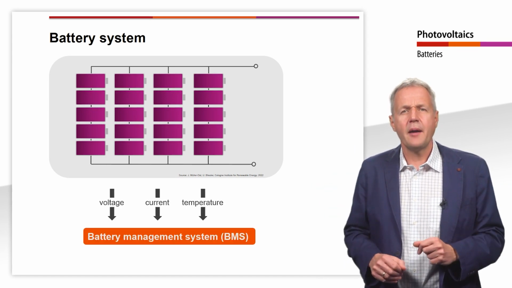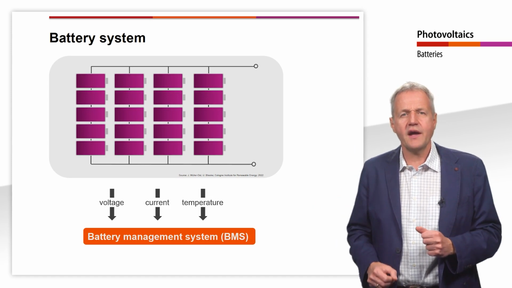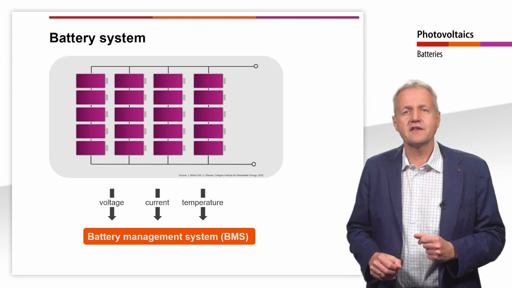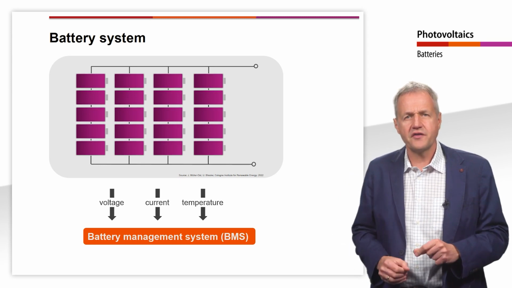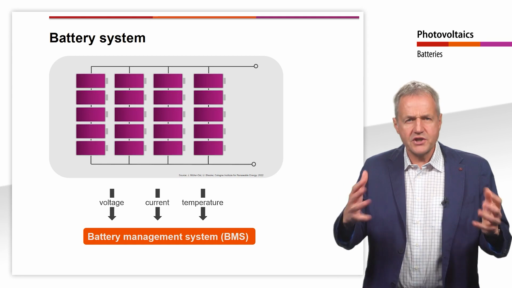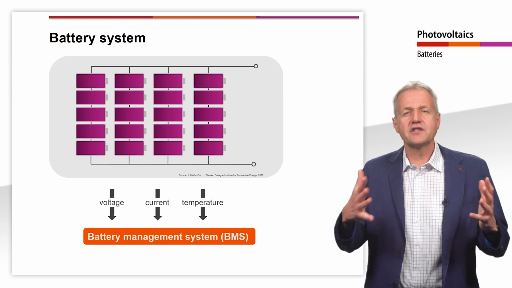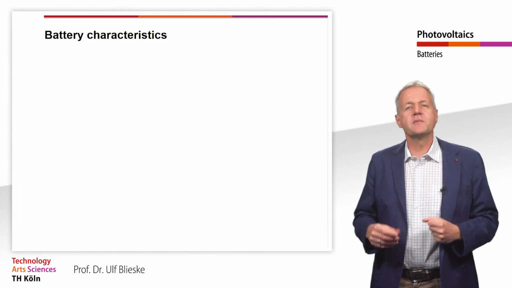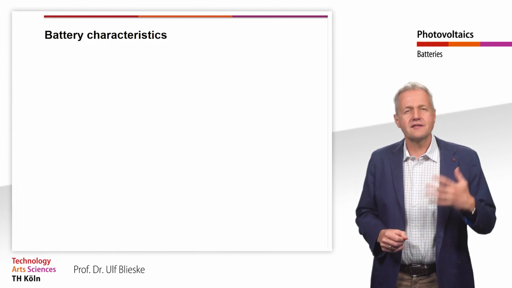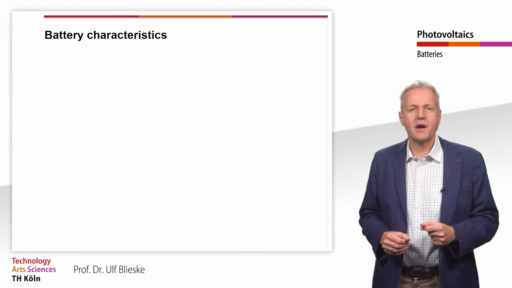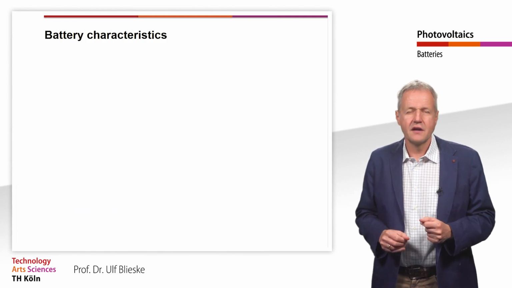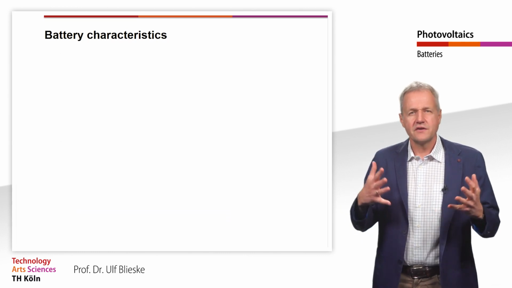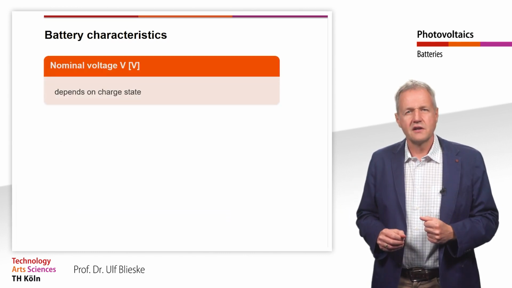In addition, a battery management system is required, which monitors, among other things, the electrical parameters as well as the temperature of the storage unit and switches off the battery in the event of faults. To understand what exactly the battery management system is needed for, let's take a look at the most important parameters of the battery.